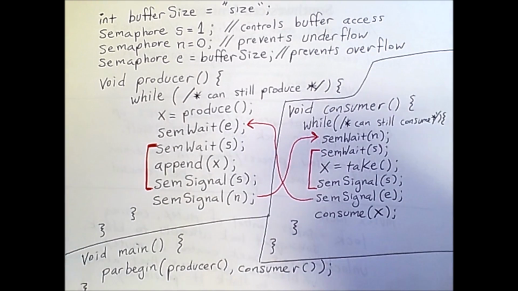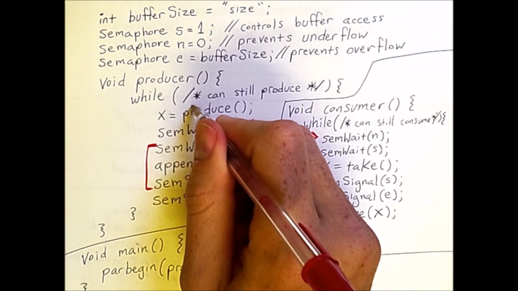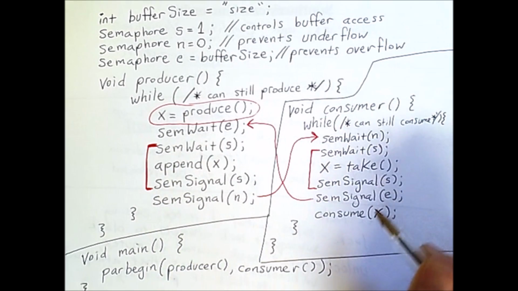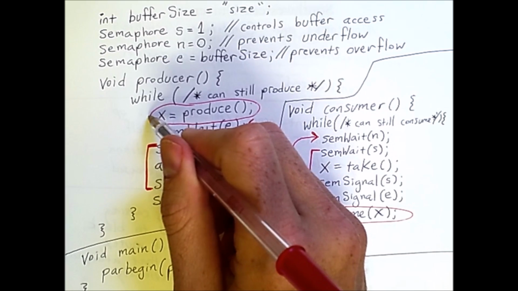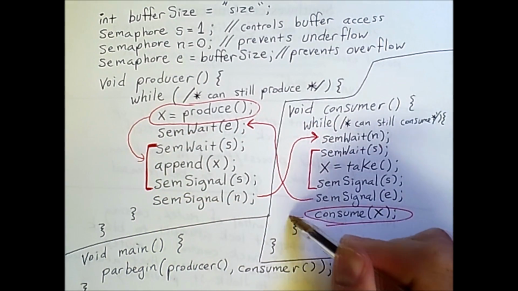Now there's one more important takeaway here, and that is that although we have this produce command and this consume command outside of the critical sections of the code, you could conceivably want to move this into the critical section.